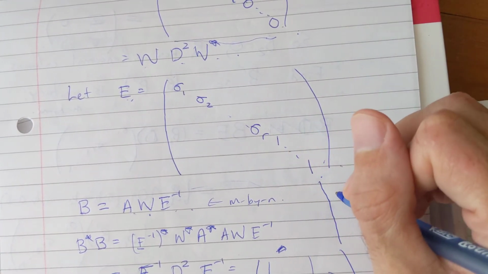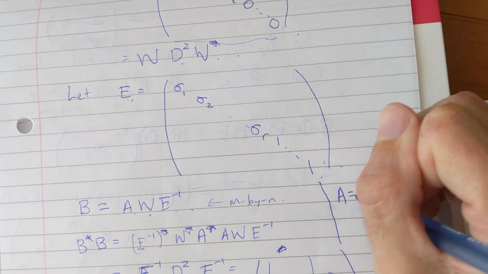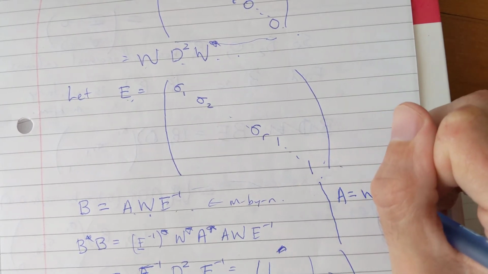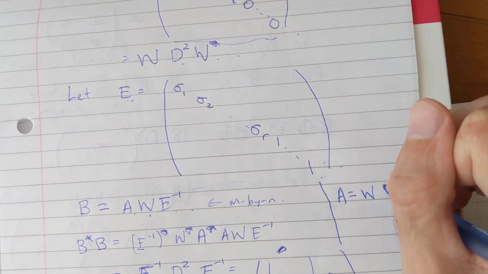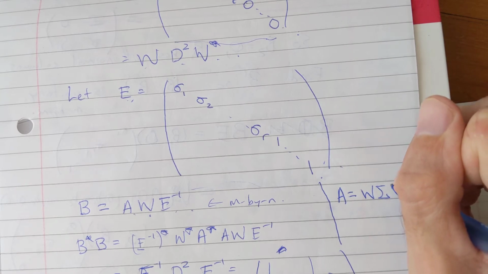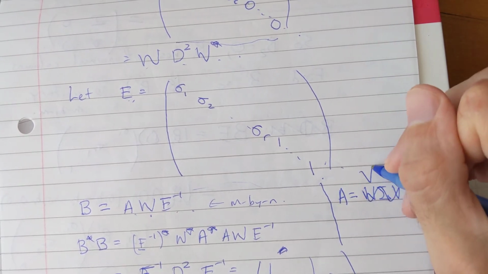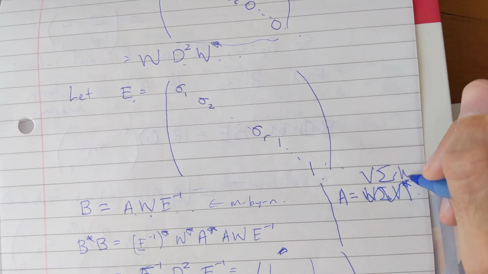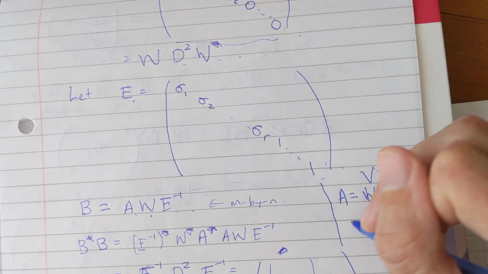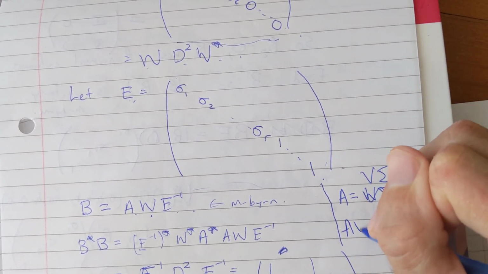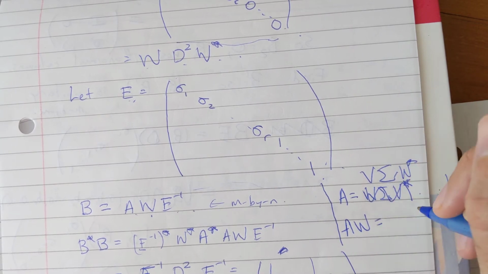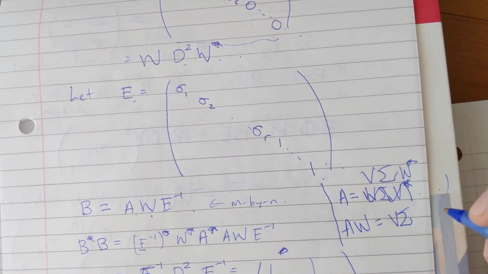Because we want to show that A equals some matrix V sigma W star. Sorry, I first said W sigma V star, but no, we want to show it's V sigma W star. So that's the same thing as saying AW equals V sigma.